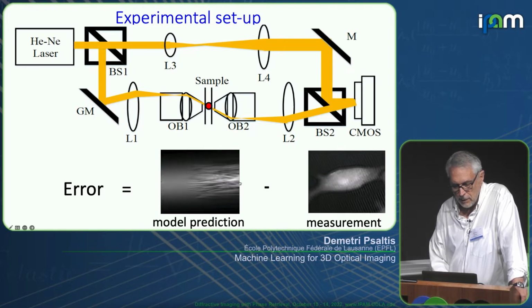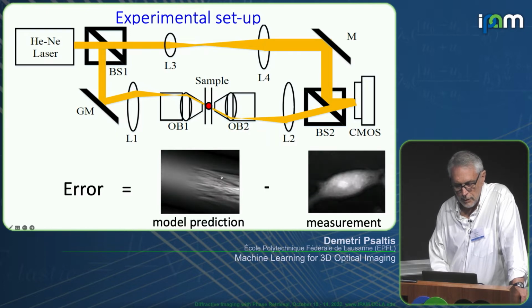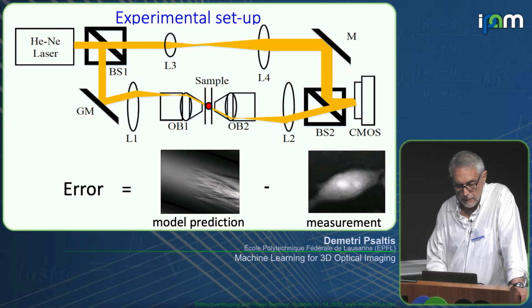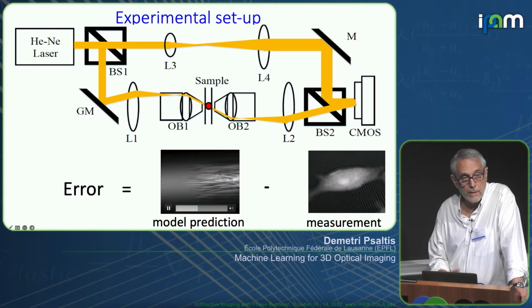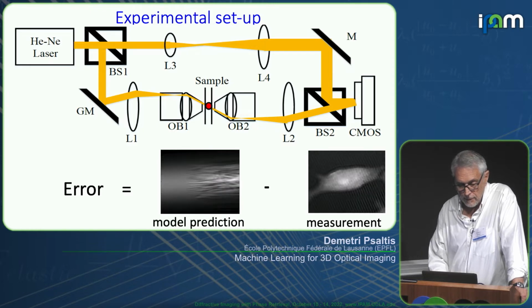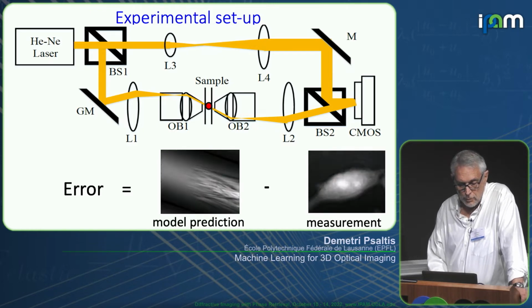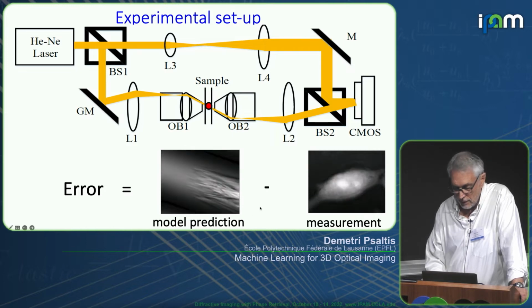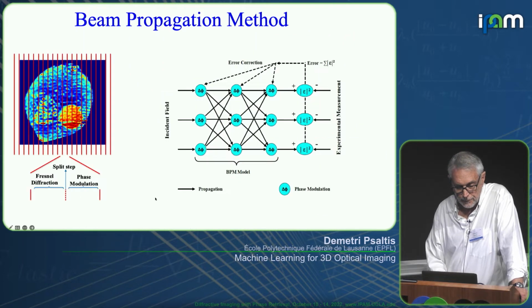At the output, we can compare the measured phase with the phase that's predicted by the model. And the model contains in it the index of refraction of the sample. So the goal now is to optimize, to minimize this error by choosing the right index of refraction.